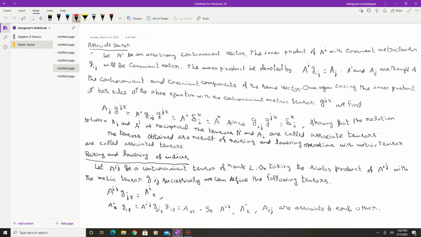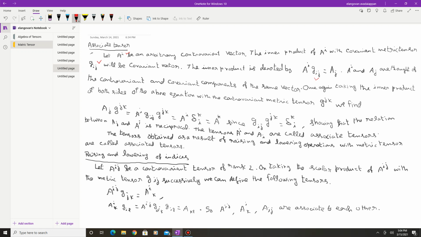This is a covariant metric tensor, this is a contravariant vector, and the inner product is denoted by this. Suppose you take a contravariant vector and multiply it with the covariant metric tensor, and one index of the covariant tensor is made the same as the index of the contravariant vector, then you will get a covariant vector. So the upper index will be removed and the lower index will be here. This is actually called lowering of the index.